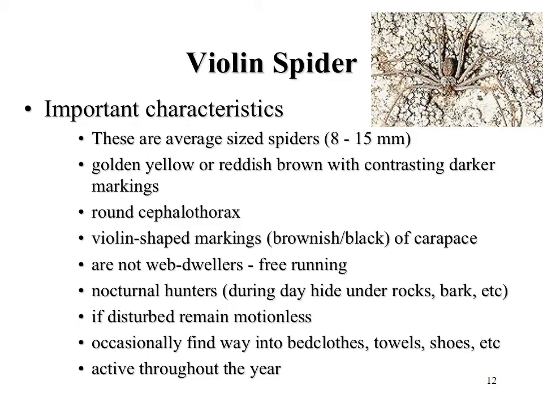They are non-web dwellers and are free running. And remember what we said, non-web dwellers, then we're expecting the envenomation to be cytotoxic. They're nocturnal hunters, and they hide during the day under rocks and bark, and if disturbed, remain motionless. They occasionally find their way into bedclothes, towels, shoes, etc., and are active throughout the year.